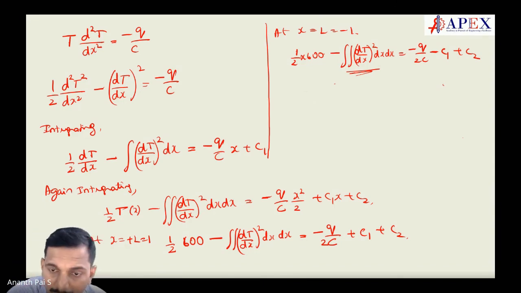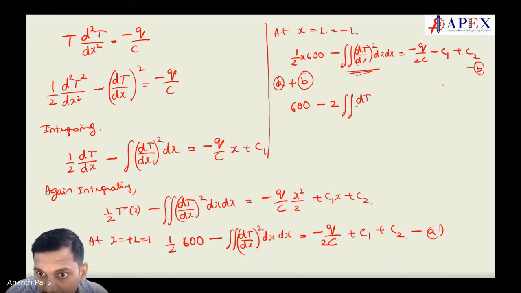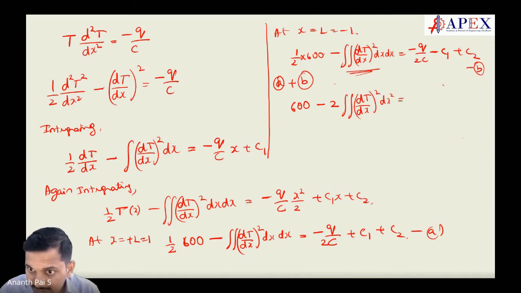Okay. So what happens? Let us say this is equation A, and let us say this is equation B. Now let us have equation A plus B. When you do A plus B, you get 600 minus 2 times the double integration of (dT by dx) the whole squared dx squared is equal to, this gets cancelled, sorry, this becomes plus, is it not?